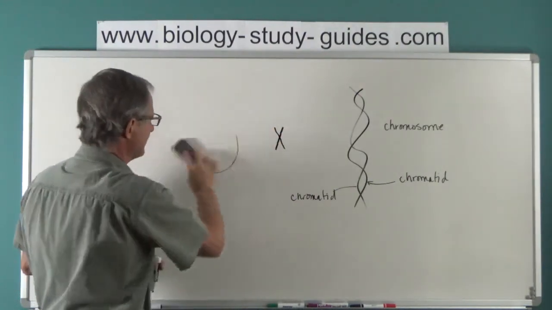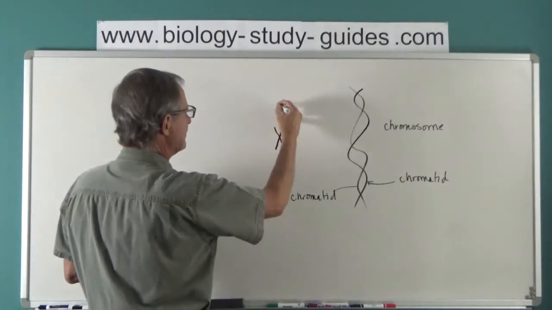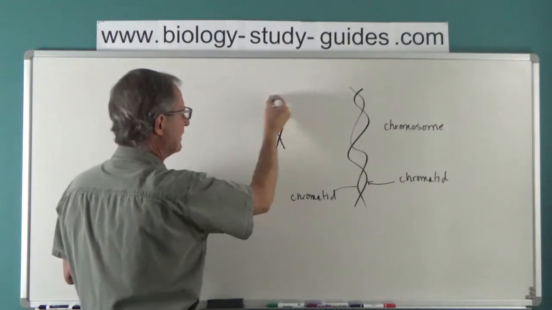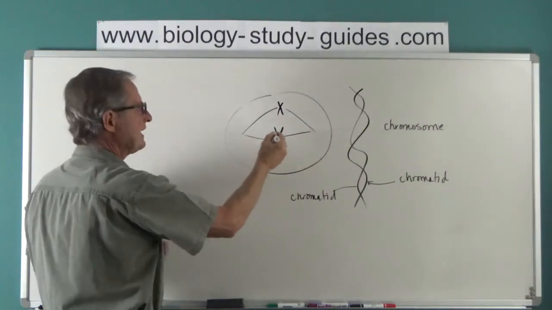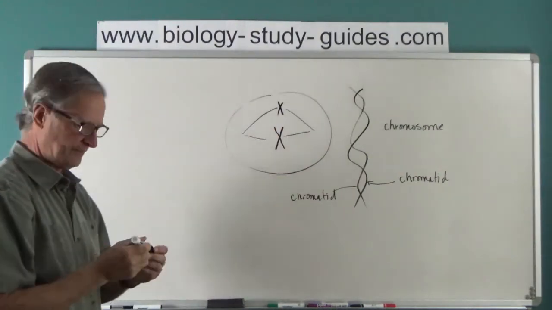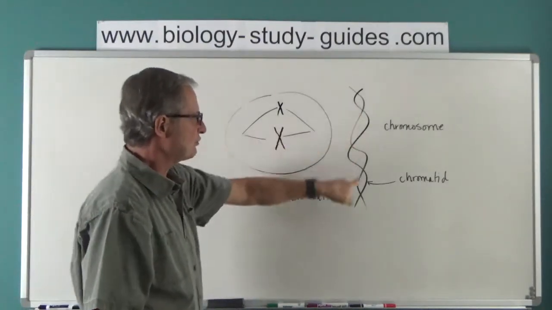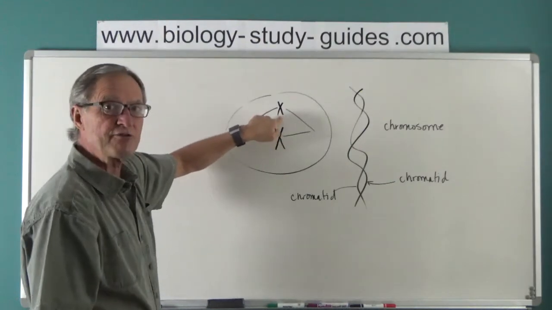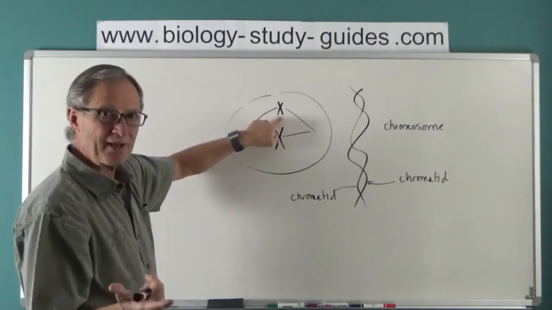And if this was a cell that had a couple of chromosomes in it, they'd be attached to spindle fibers like that, and those would be 2 chromosomes. A chromosome has 2 chromatids. This is a chromosome, but there's actually 4 chromatids making up this chromosome. That's what we have to talk about.